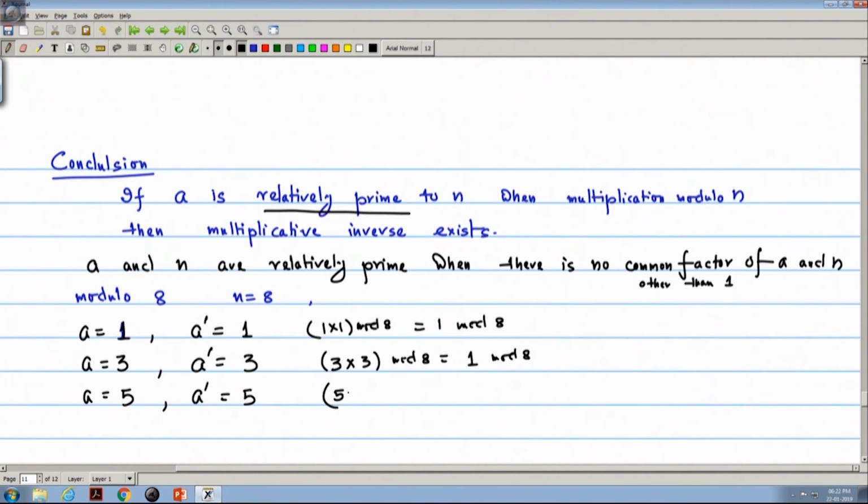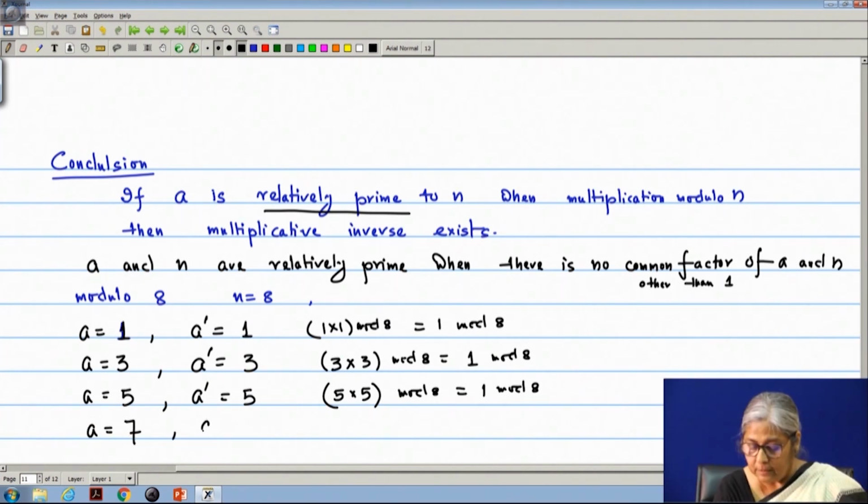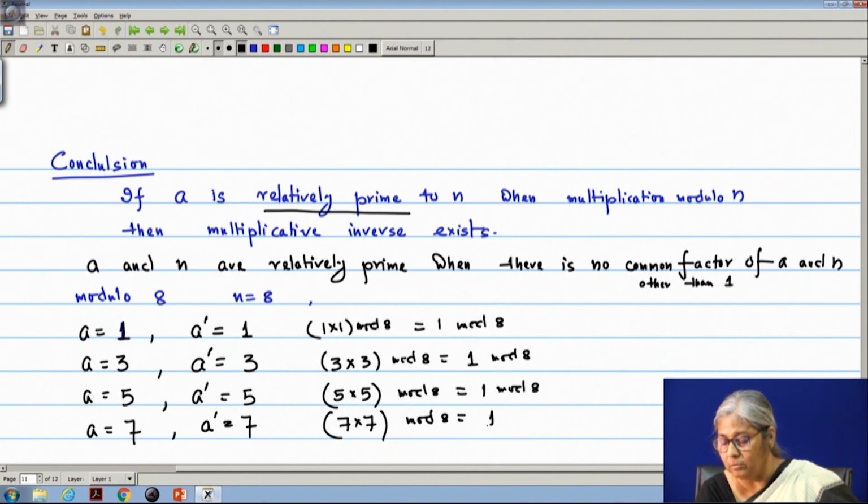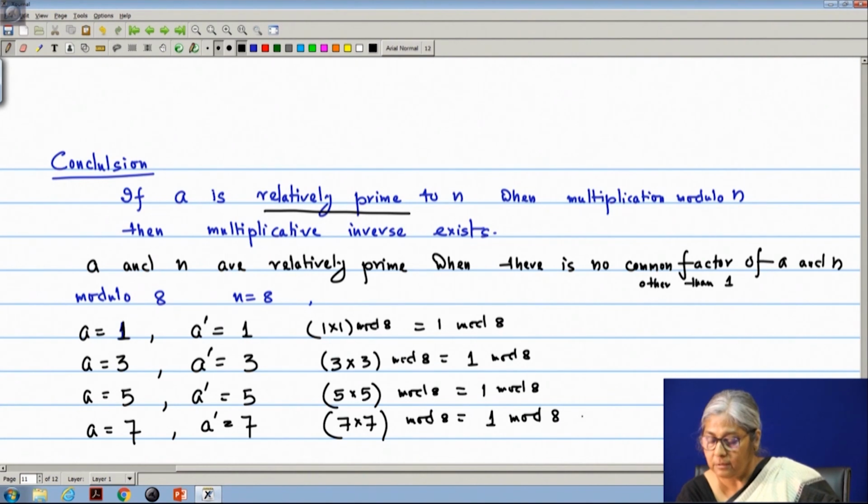So, 5 into 5 modulo 8 equal to 1 modulo 8. Then A equal to 7, we get A dash equal to 7, and 7 into 7 modulo 8 is 1 modulo 8.